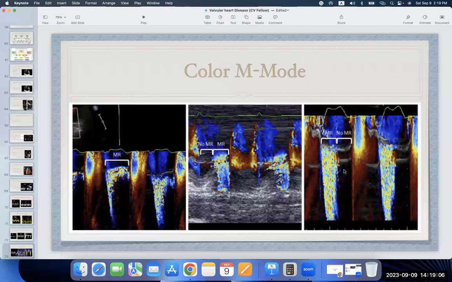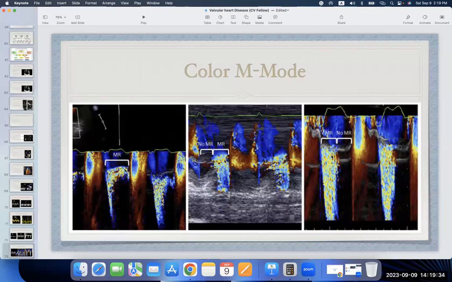Also, you can do color M-mode. The good thing about color M-mode is that it helps you see if it's holosystolic regurgitation, or late or early. The late one, like this one, we see in mitral valve prolapse, and the early MR we see in patients with secondary MR, because in those patients the ventricle is dilated when they contract.